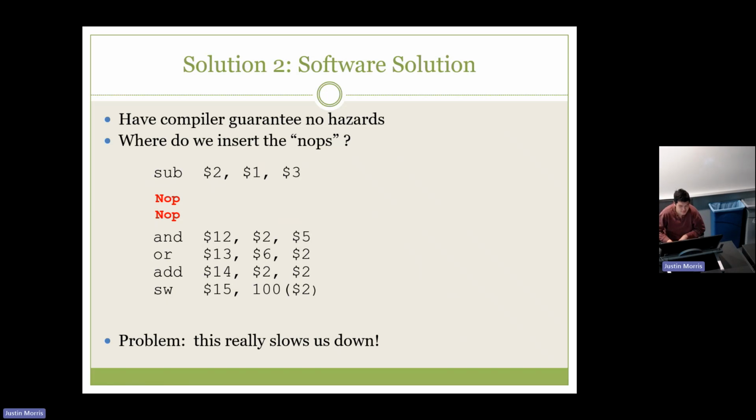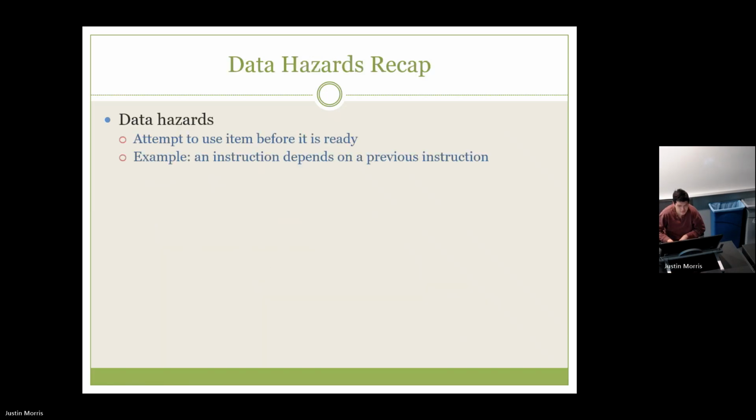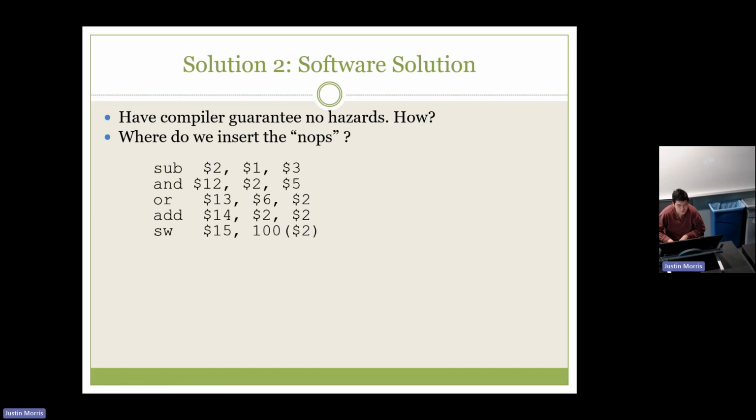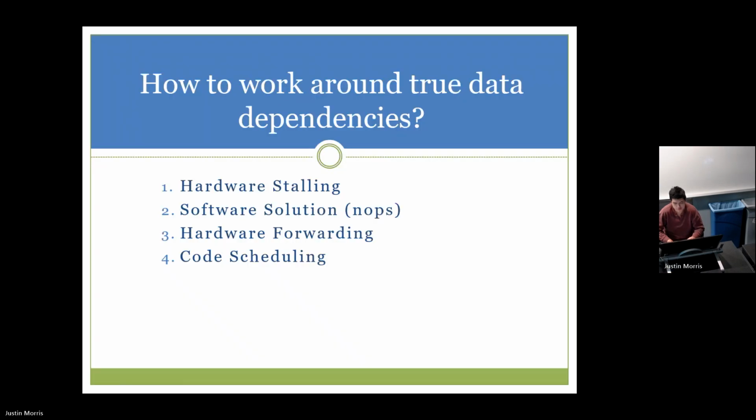So that would negatively impact our performance. So we will talk more about these other solutions, which are hardware forwarding and code scheduling. These will give us better performance while solving our problems.